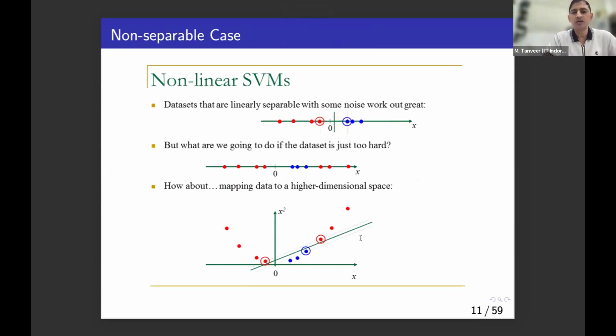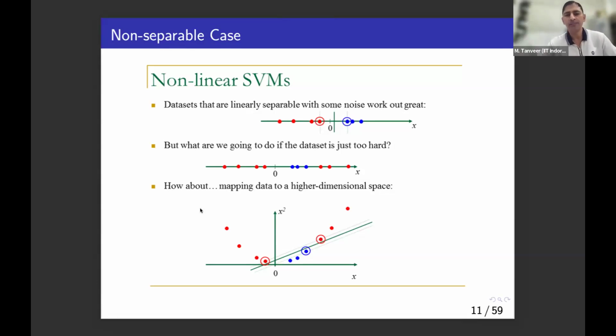We can start with the first. On a real line, we have two different kinds of data points, blue data points and red data points. We can see that this is nice data, and we can just draw a line in the middle and say this is nicely classified. There is no problem.